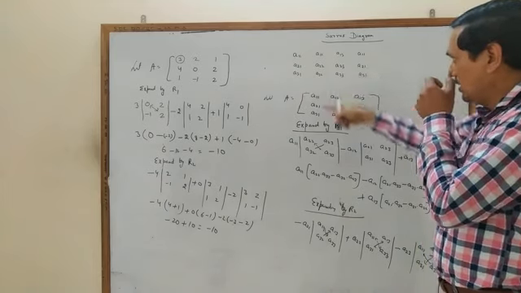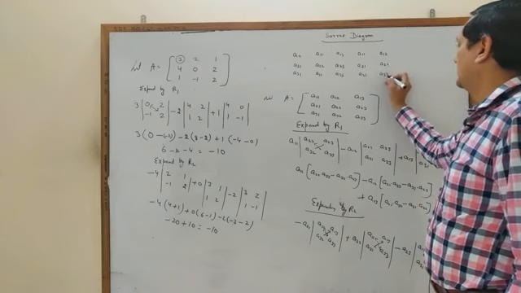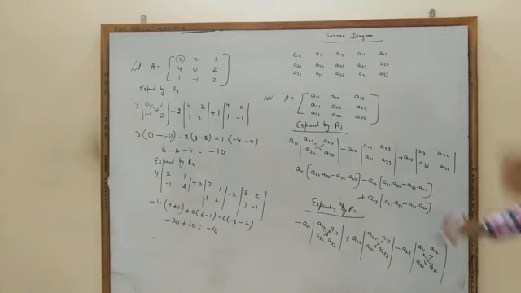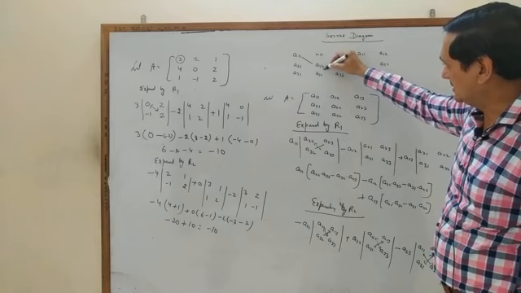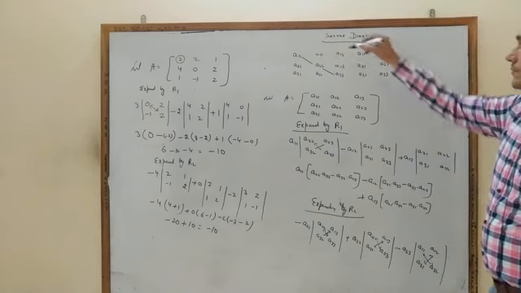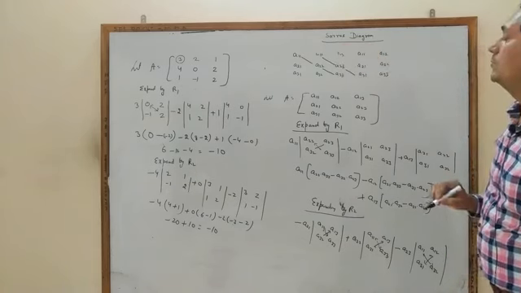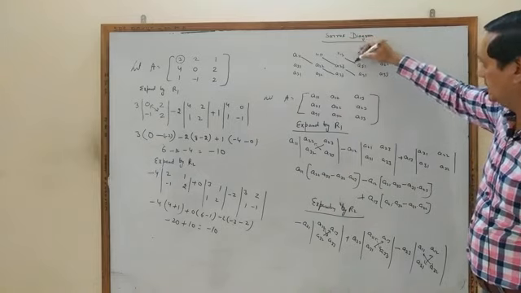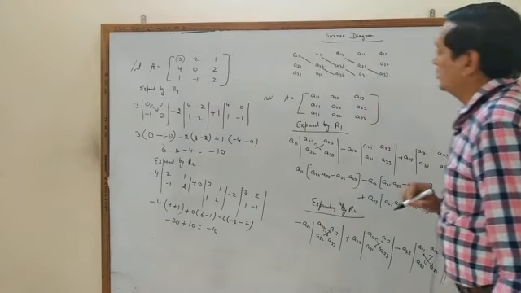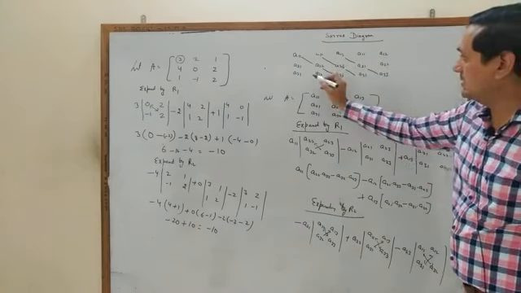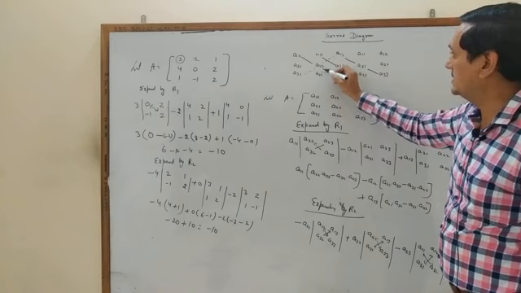These two columns are to be repeated, A12, A22, A33. Now you have to put the parallel lines just like that. These parallel lines from top to bottom, these three lines. And also you have to put these three lines from bottom to top, and these should be dotted lines.